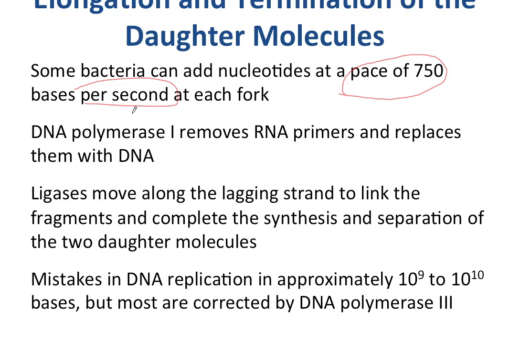Okay, so polymerase 1 removes the RNA primers and replaces them with DNA. Okay, and the ligase will link the different fragments and add the nucleotides to fill in the gap to link the fragments together.